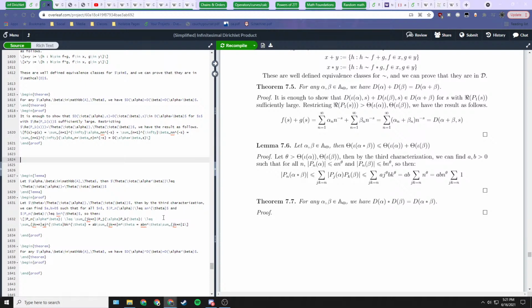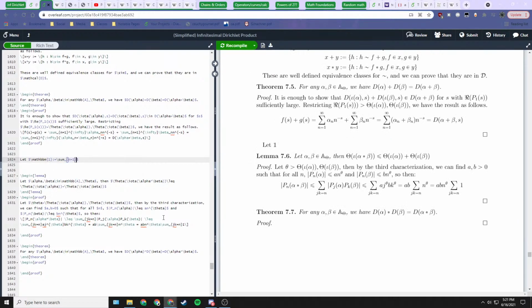So the thing that we're going to assert is, okay, so the thing that we're essentially asserting is we're considering this constant.